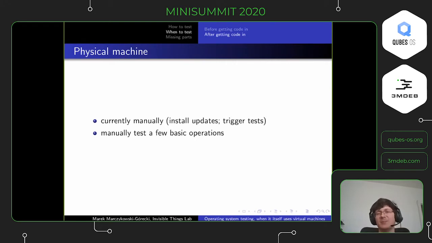Things like system suspend, or whether NetVM works, or USB VM works, keyboard switching, some external devices, sound, microphone, and stuff like that. We test all this stuff manually currently, and this is something that we would like to improve.